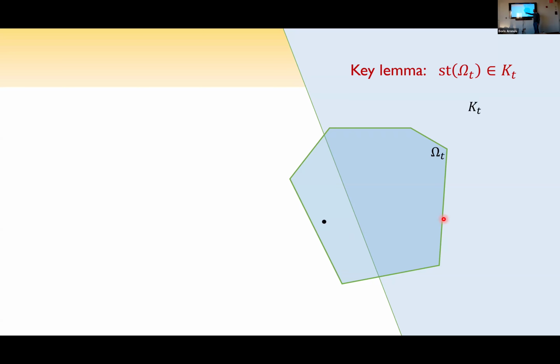Look at the mirror image of this trajectory across the separating hyperplane defining K_t. It's also a valid trajectory. So whatever the trajectory was, it must have hit K_t somewhere.